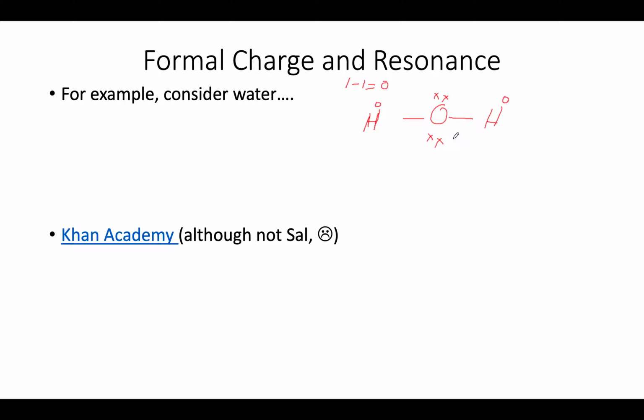So if I were going to count the electrons that oxygen owns, I would go 1, 2, 3, 4, 5, 6. So oxygen has 6 valence electrons and it owns 6, and its formal charge is 0. So there are no formal charges on any of the atoms in there, and the sum of the formal charges is 0, and since that's a molecule, that's a wonderful thing.